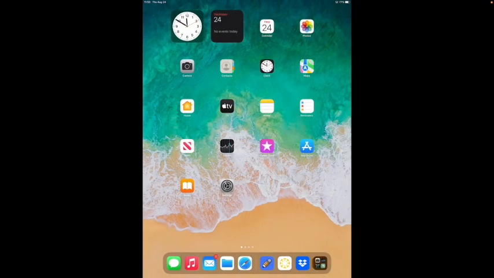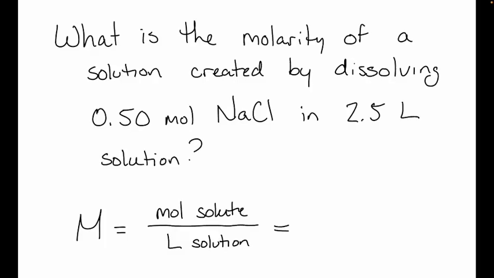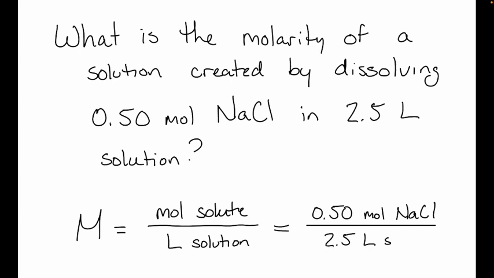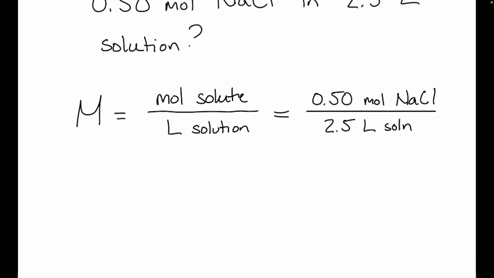So we're going to plug in our 0.50 moles of NaCl and divide that by our 2.5 liters of solution. My calculator spits out 0.2.